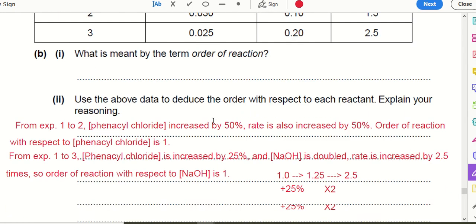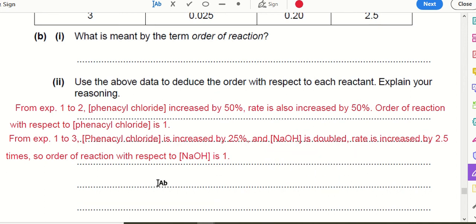Now I'm going to show you what to do if you find this too complicated and want to use calculation to prove that the order of reaction with respect to sodium hydroxide is also 1.